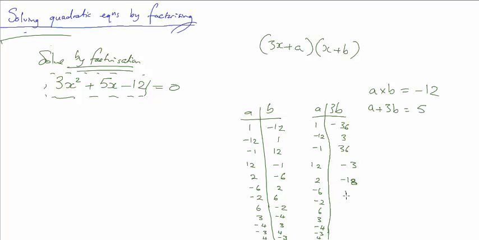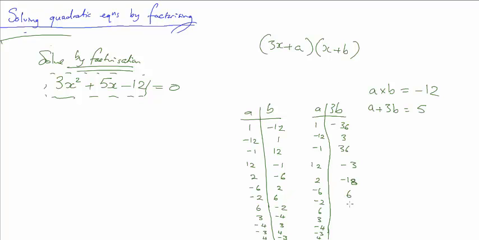Sorry, that should be 12. Why am I screwing this up? Sorry, I've switched off my brain completely here, and I seem to be having problems multiplying by 3, which is not good.